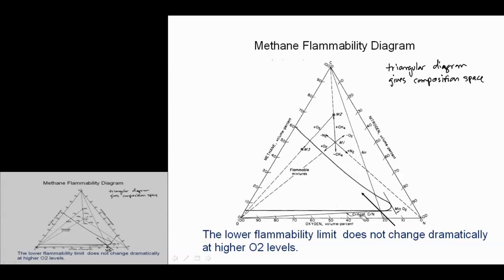And now we can ask ourselves, well, what is the line that contains that exact ratio of N2 to O2, but now with increasing amounts of methane? The way we do that is we draw a line that goes through the 100% methane vertex and connects to this point, and we see that this is the air line. So there's an air line that goes right up there.